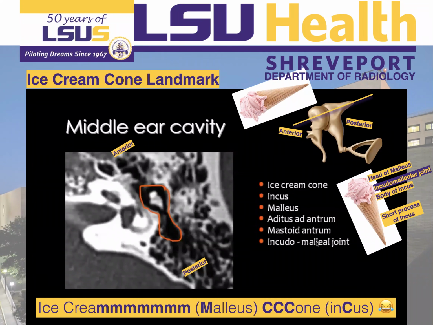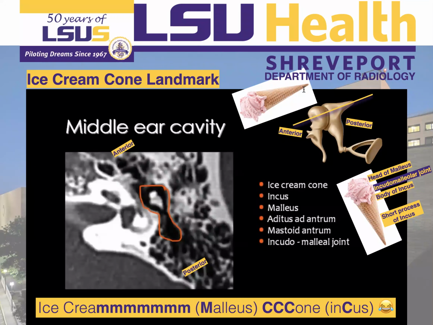Now this is the famous ice cream cone. I have a silly way to remember it. You remember that the incus has its C, so it's easier to remember that the cone is the incus.